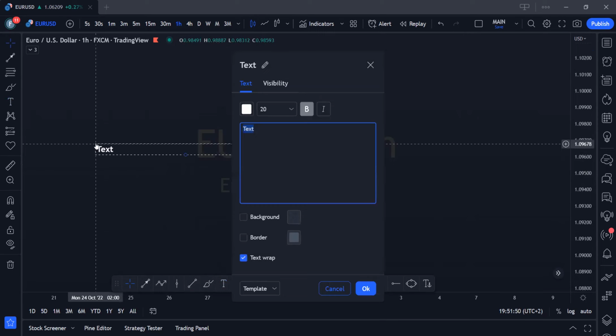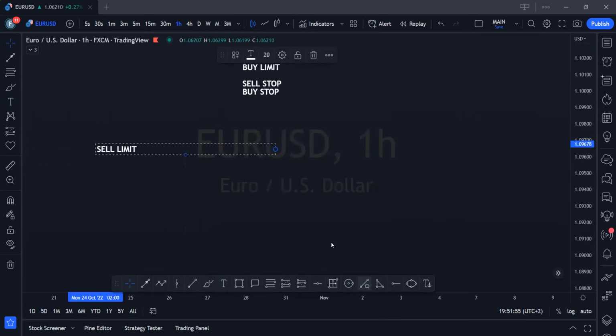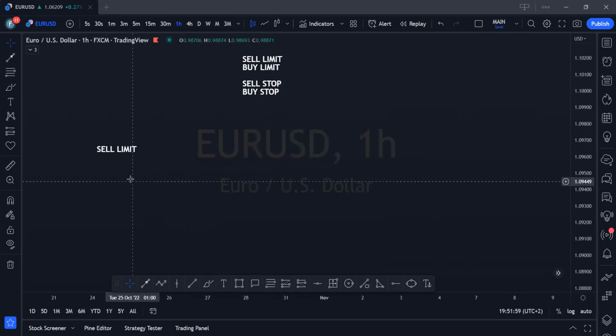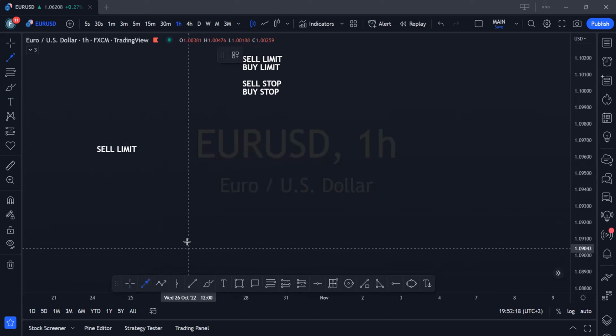Okay, sell limit. So when you use a sell limit, that means you want to enter a sell order, and you want that sell order to initiate a reversal. So here's what it means. For a sell limit, let's say this is price right now.